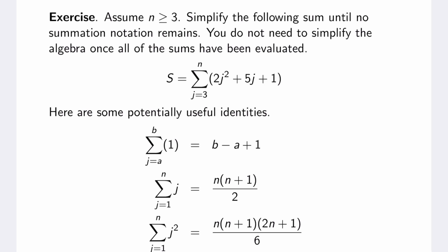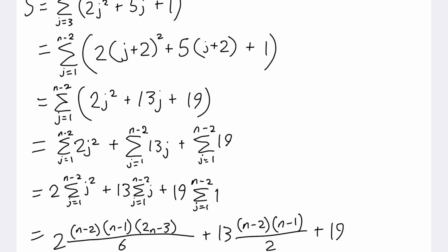So I guess we could have separated this 1 from the rest and then only re-indexed the sum for these terms, but whatever. It works either way. Using the expression in the summation is going to simplify to this. And then we're done.